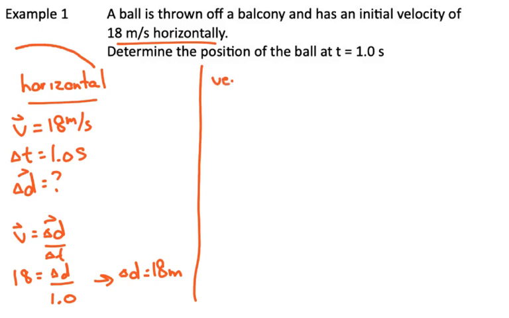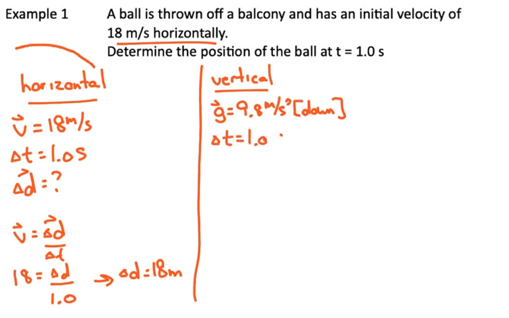The vertical motion we need to think a little bit more about. We know the acceleration vertically will be 9.8 meters per second squared down because we have gravity affecting this motion this way. We know the amount of time that's gone by, 1.0 seconds. Now, we cannot use the 18 meters per second because that is a horizontal velocity.